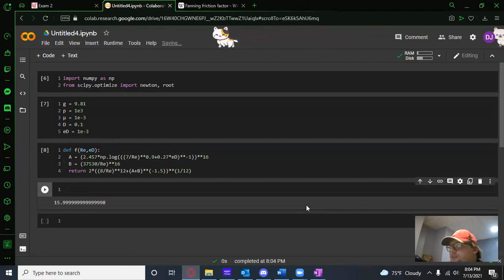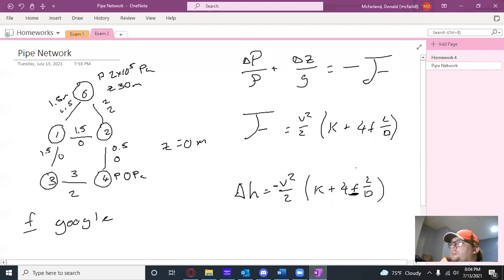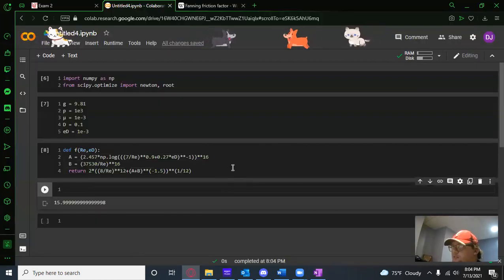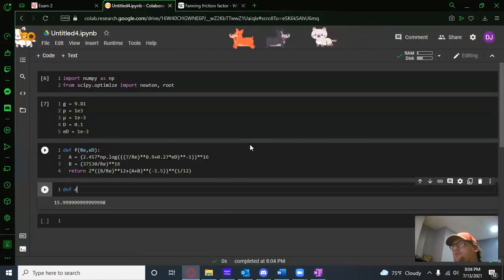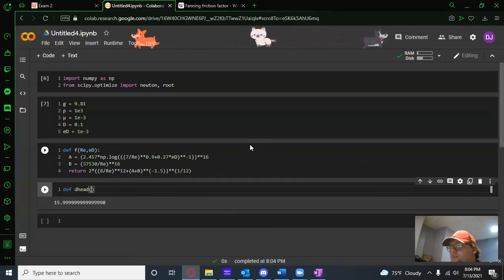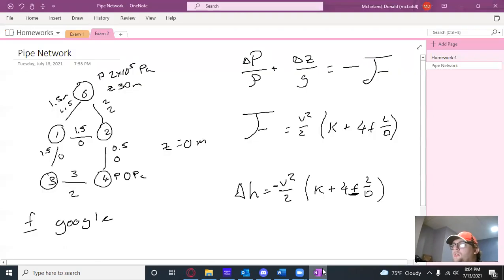So what we need to do from here is we go back to OneNote. We need to plug it into this equation to find our delta head. So our d head function is going to take in our velocity, our k, our length, and our diameter.